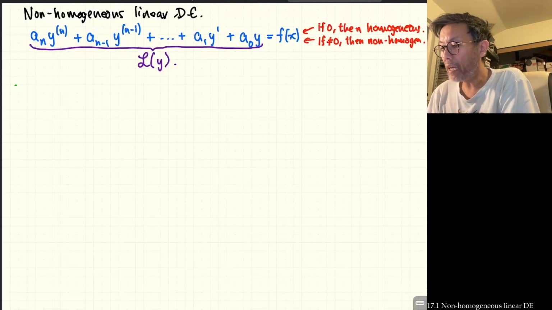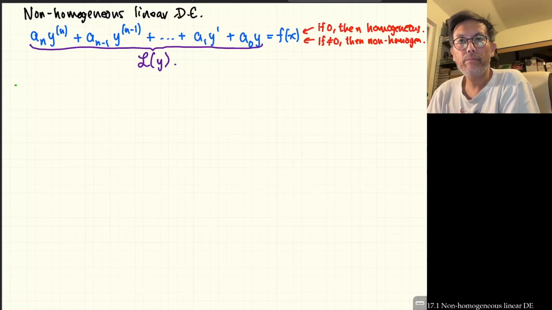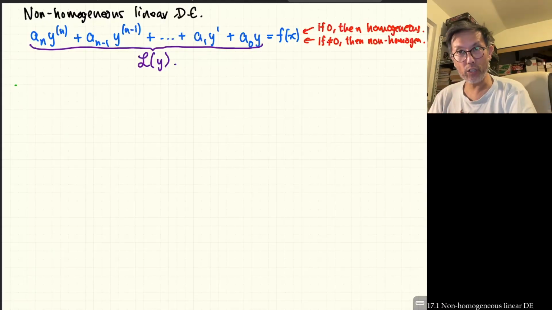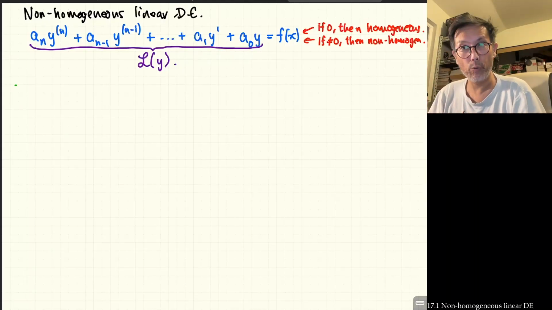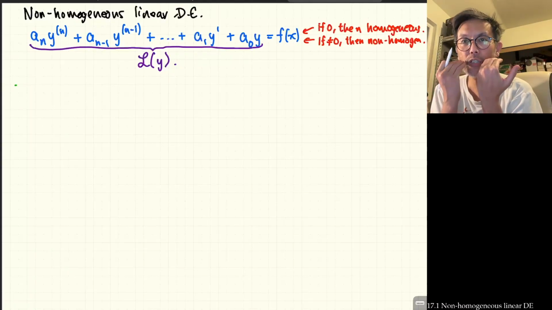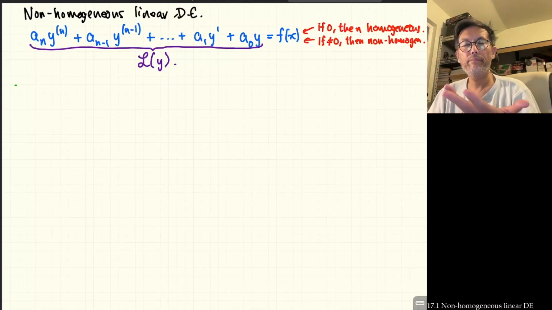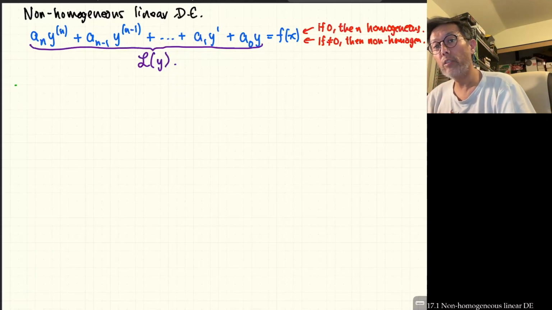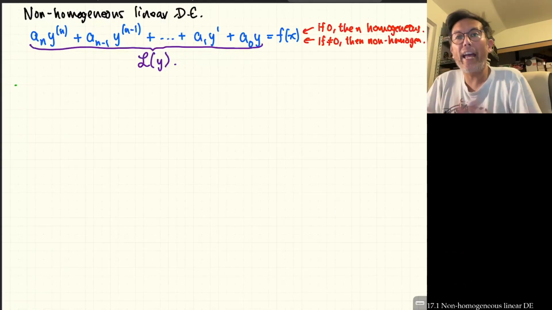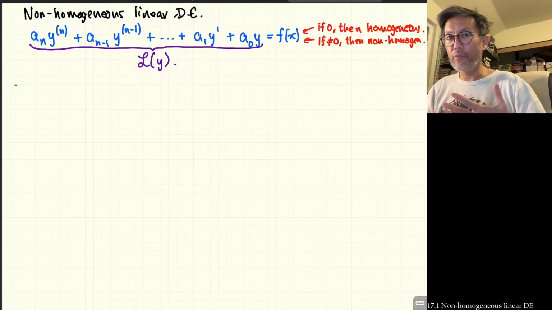It's linear when it is able to be written with this particular structure. And it's a differential operator because it involves derivatives. And it's an operator because it's a thing which eats functions and spits out functions. That's an operator. This is what we call an order n differential operator. Okay? I hope for obvious reasons.